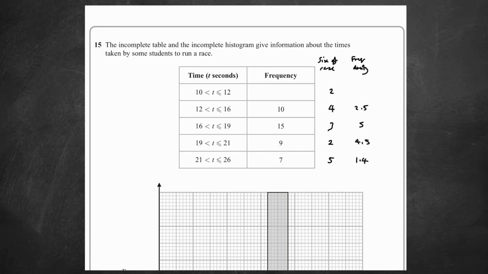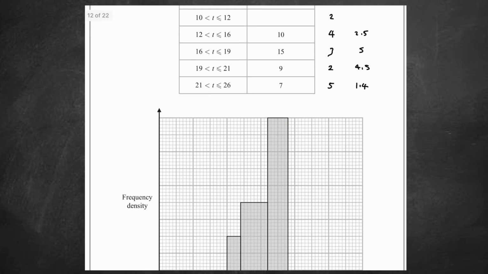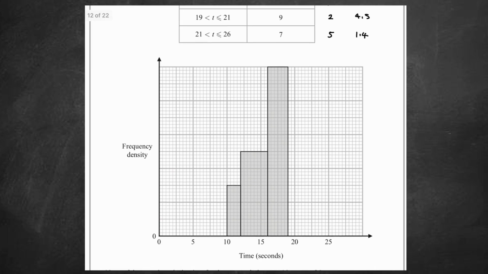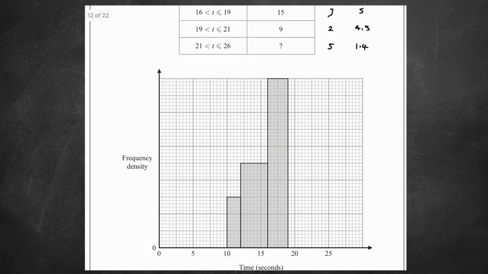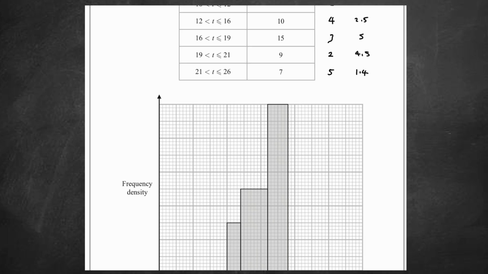So if I now scroll down, we have frequency density on the y-axis here. So we know that the 12 to 16 region goes up to 2.5 on frequency density, and this one will be 5 up here, which means every box is going to be 0.5.